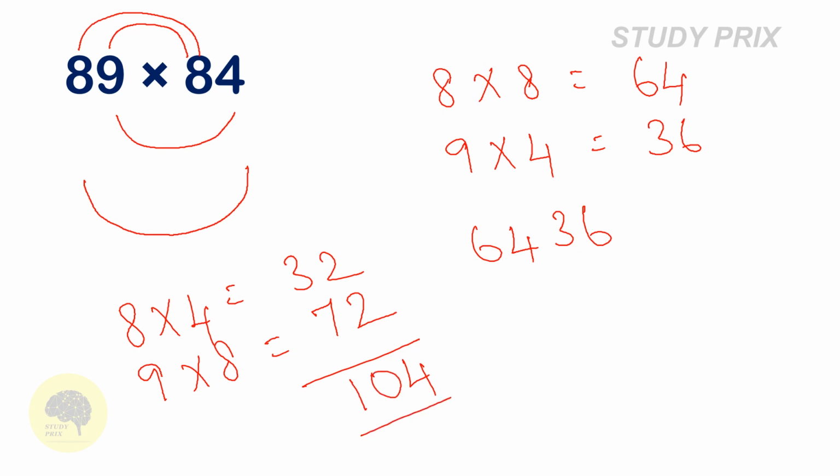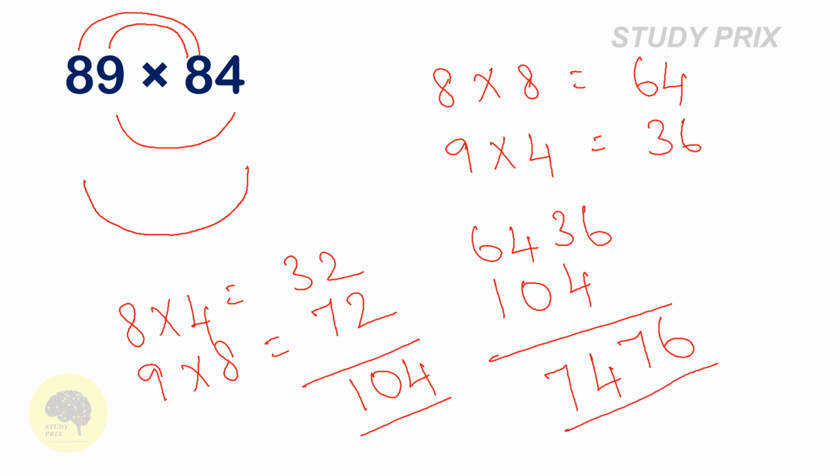Where we have to place this 104? We have to write this here, 104, and the summation gives 7476. 7476 is the multiplication of 89 and 84.